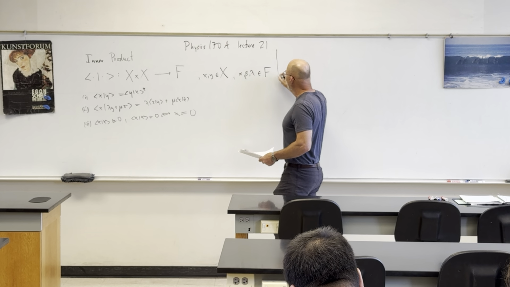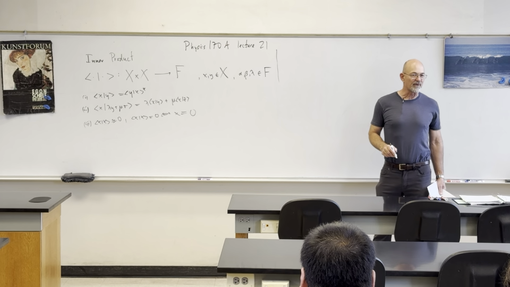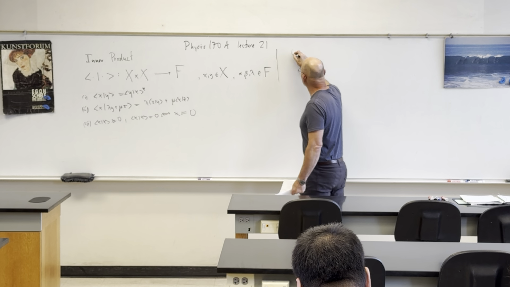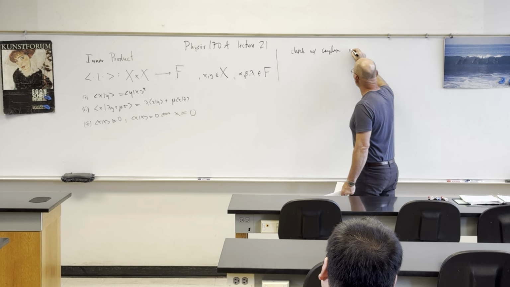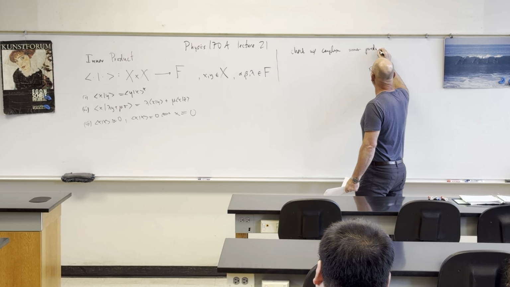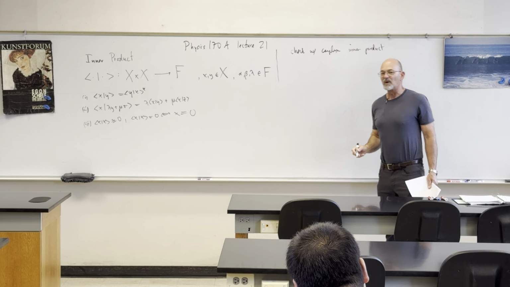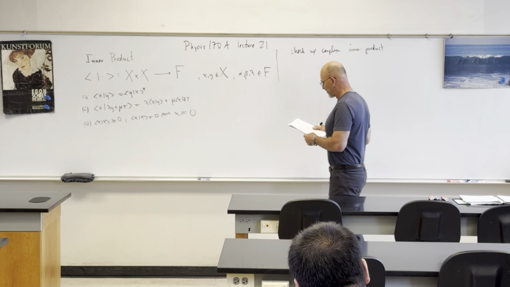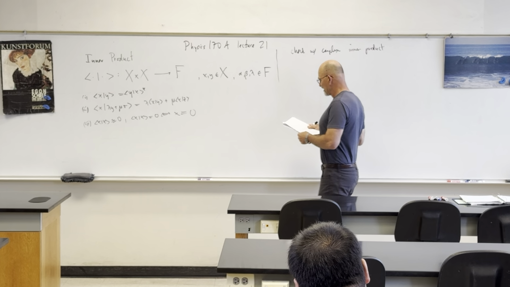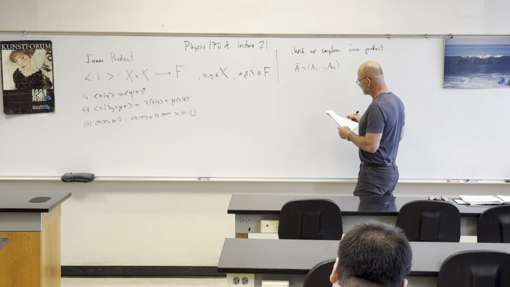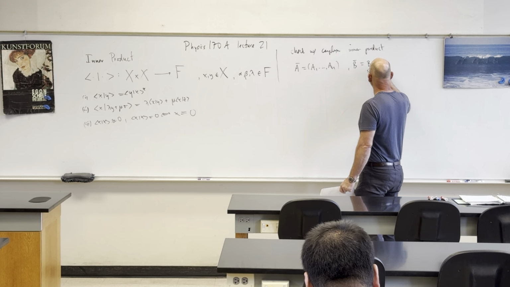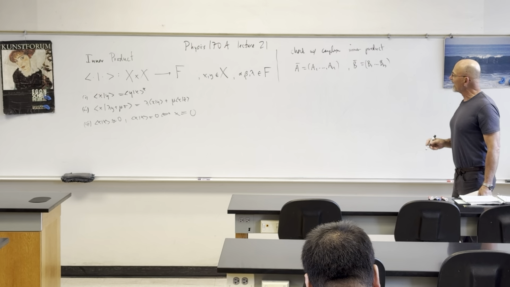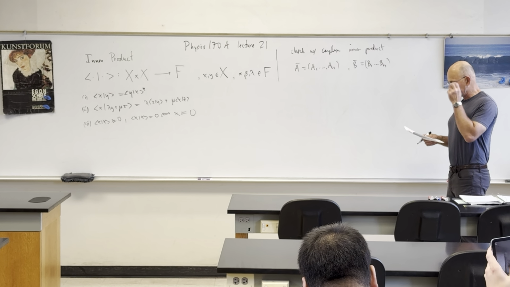So the first thing to check is our standard dot product, complex version. Check with the complex inner product. In fact, if we were to check with the real one, it'll be a subset of that. It'll work. Okay. So we've got A equals A1 to An, B equals B1 to Bn. We've got an n-tuple; n could be 3, and then it would just be an arrow in free space.